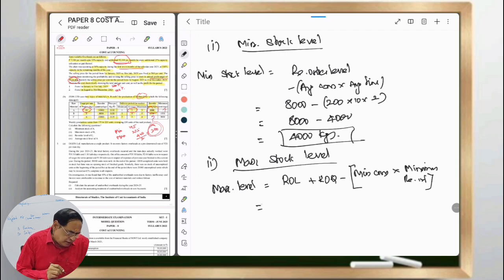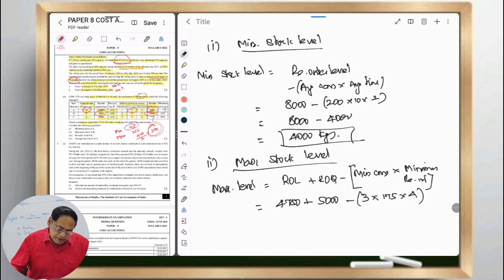Here the reorder level is given as 4,750 and the reorder quantity is 5,000. So 4,750 reorder level plus reorder quantity 5,000 kg minus minimum consumption. For minimum consumption, the minimum period is 3, the minimum consumption is 175, and this material required for producing 1 unit is 4 kg.